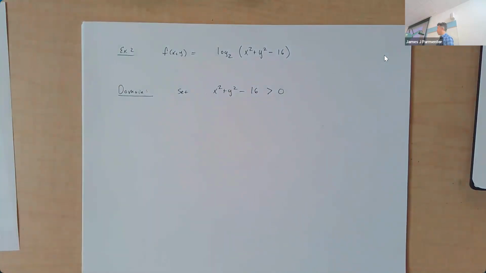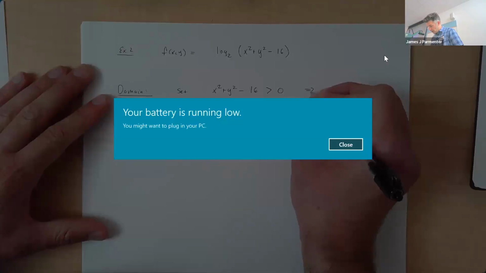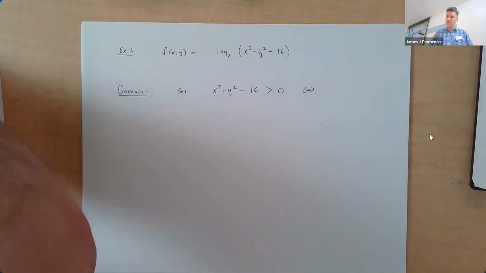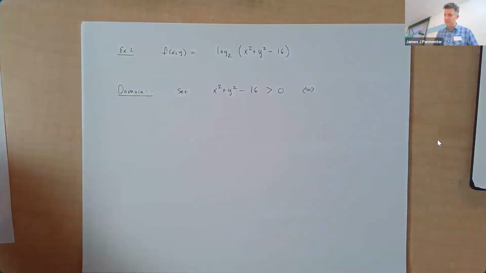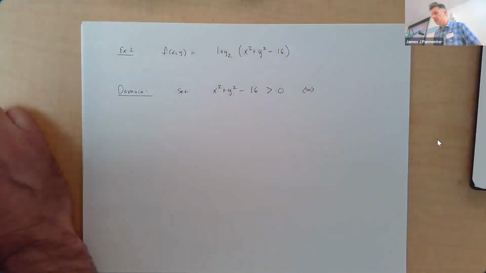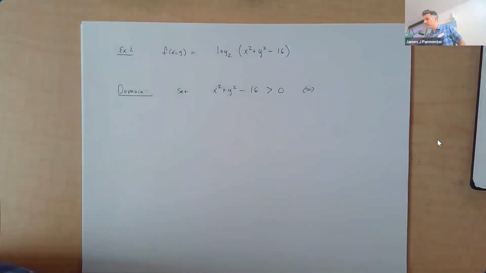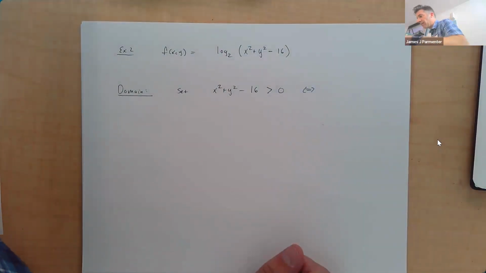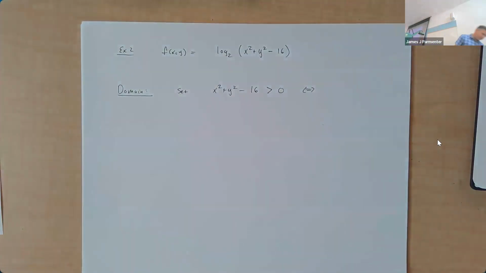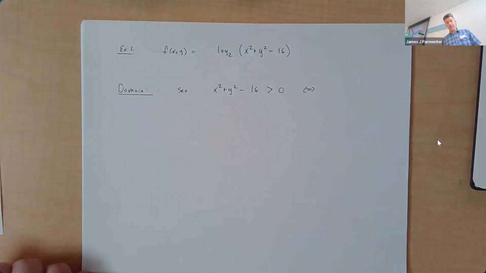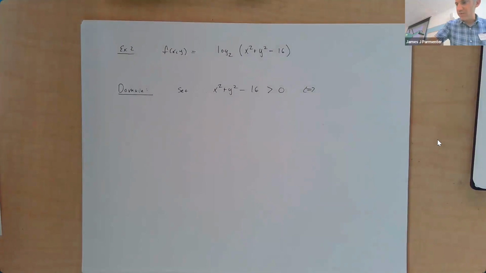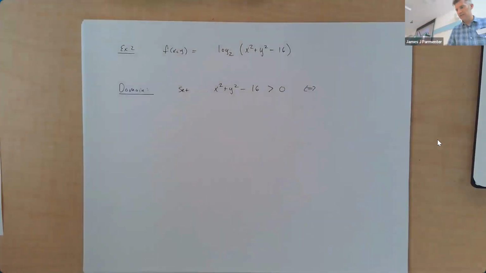And just like last time, we're going to isolate the x squared plus y squared. So that's equivalent to saying, my battery is running low. Oh no, I didn't bring my plug with me. Is there a plug here? Sorry, one second. I dumbly took my plug out of my bag because it was in the way. That was not smart. Zoom people, if I go away, I apologize.